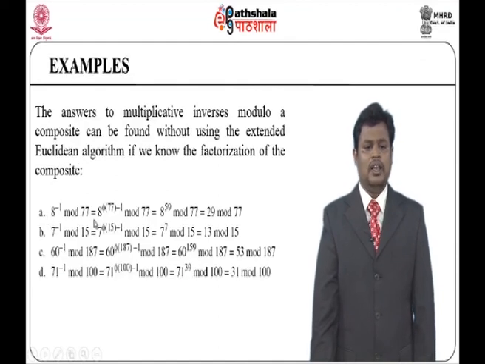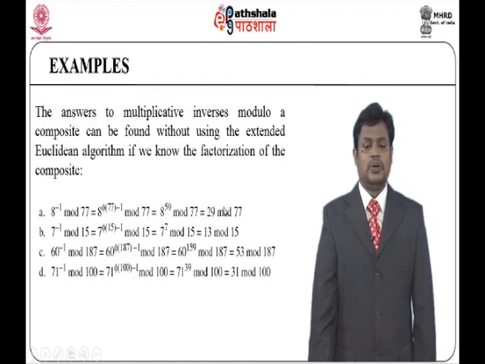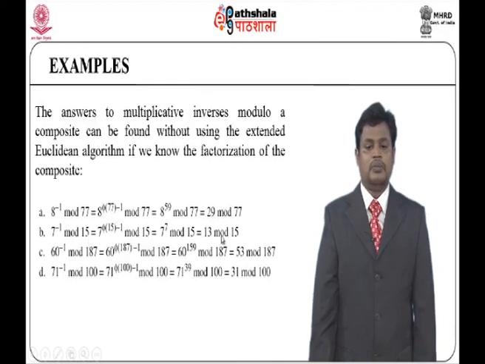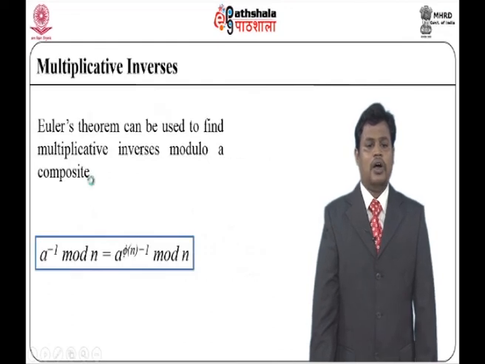In the same example, we can represent 8 inverse as 8 power phi of 77 minus 1, that is 8 power 59 mod 77. You can use either the first or the second version, and we can simplify to get the answer 29 mod 77. Similarly, for 7 inverse mod 15, the answer is 13 mod 15, applying the inverse property of Euler's theorem.